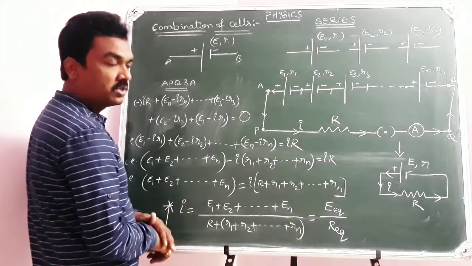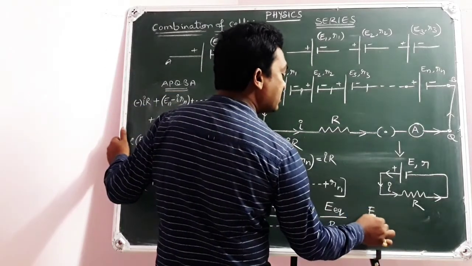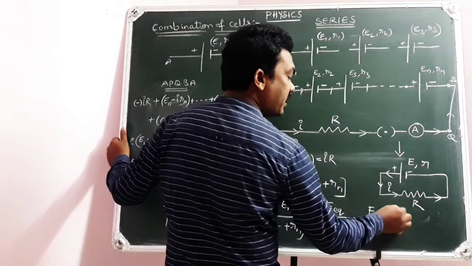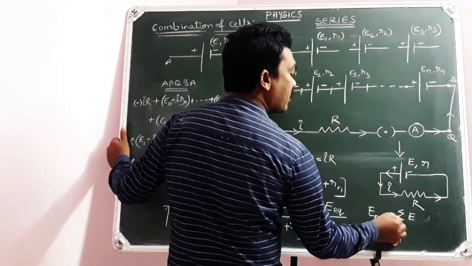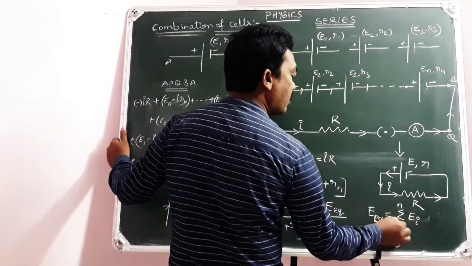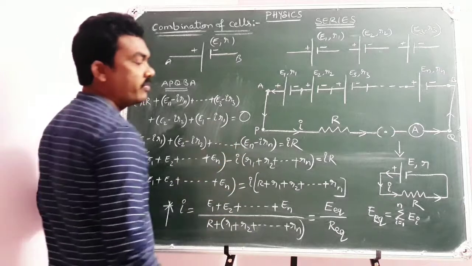So ultimately the conclusion is, in series combination, if two or more cells are connected in series, equivalent EMF will be equal to sigma Ei, i equal to 1 to n, of course, E1 plus E2 plus and so on, En.